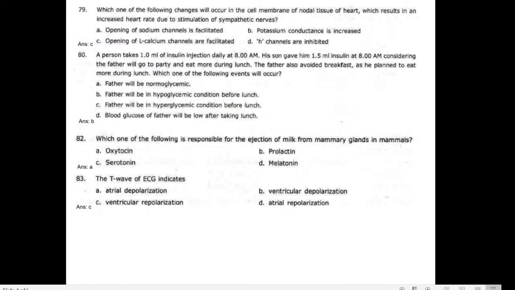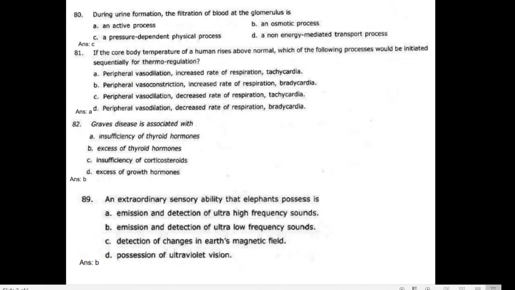These kinds of questions concern physical systems and their waves. Here the animal is the elephant, which can easily recognize small sounds, the emission of ultra low sound.